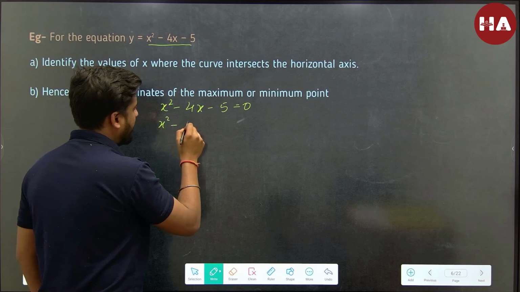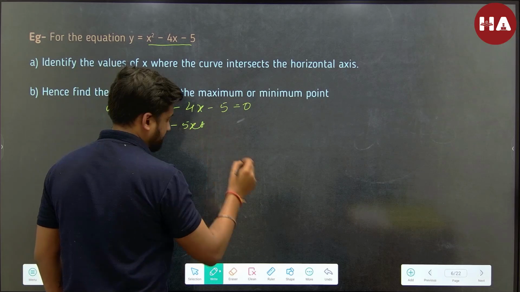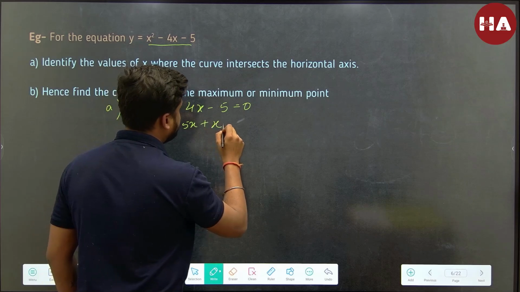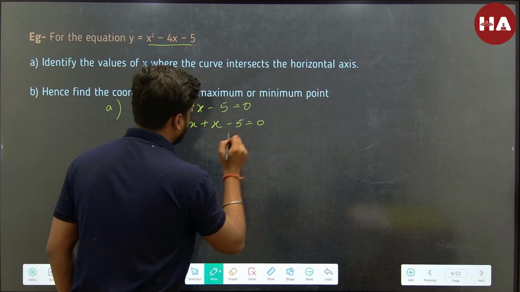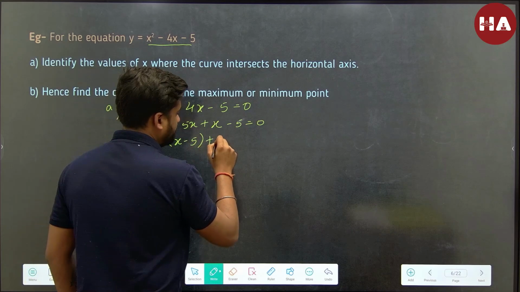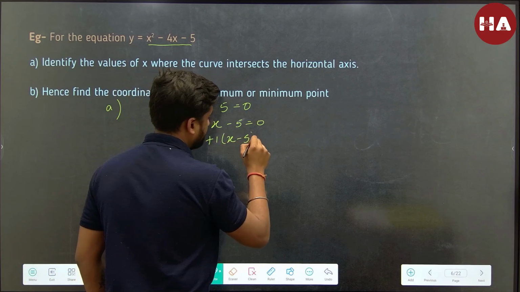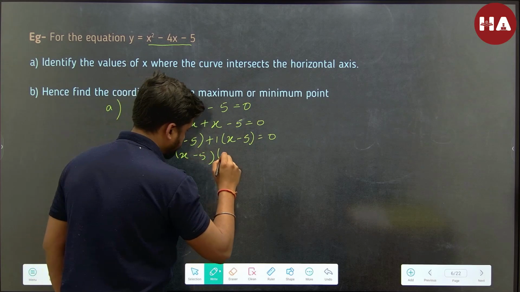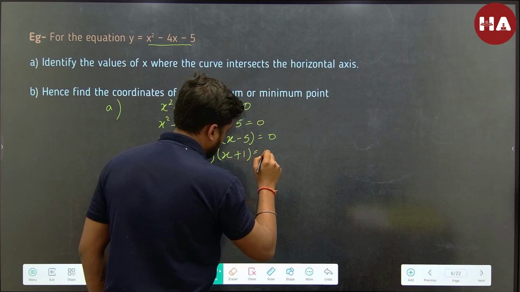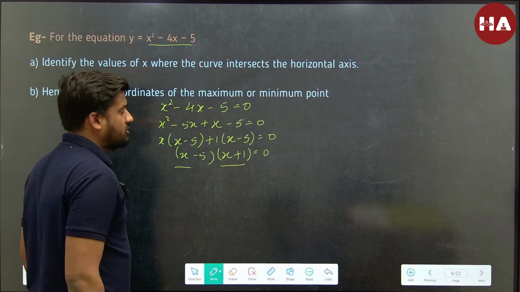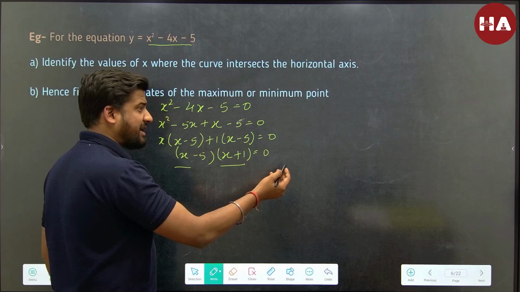x square minus 5x plus x minus 5 equals 0. Let's take x common. Now the product of two linear factors is 0, so either of the linear factors has to be 0.